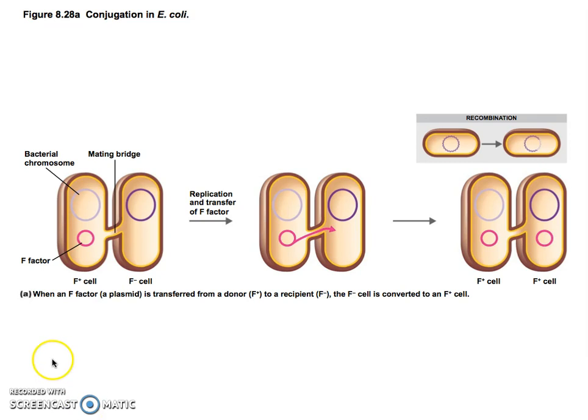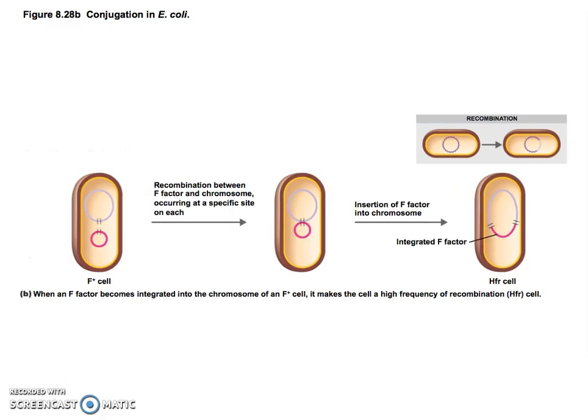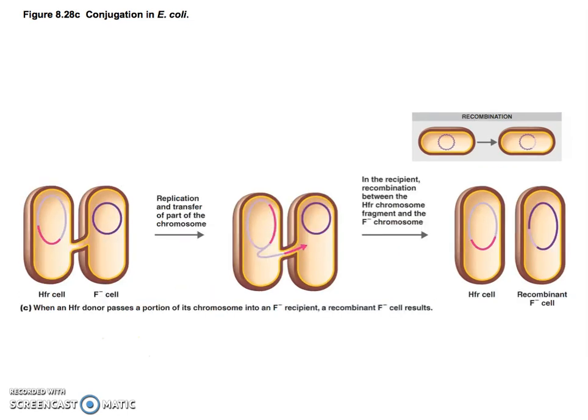So this is just going through that process. This is the recombination factor, and this is conjugation. You need to be able to describe each one of these processes by which bacteria can transfer genes.